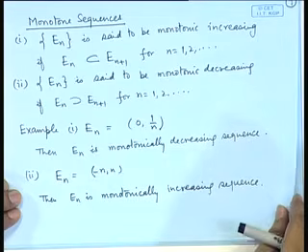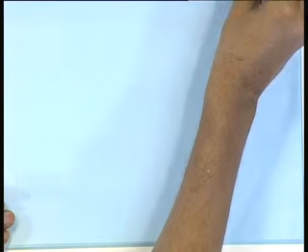One important result which is true for the monotonic sequences is that the limit always exists. I will state it in the form of a theorem here.